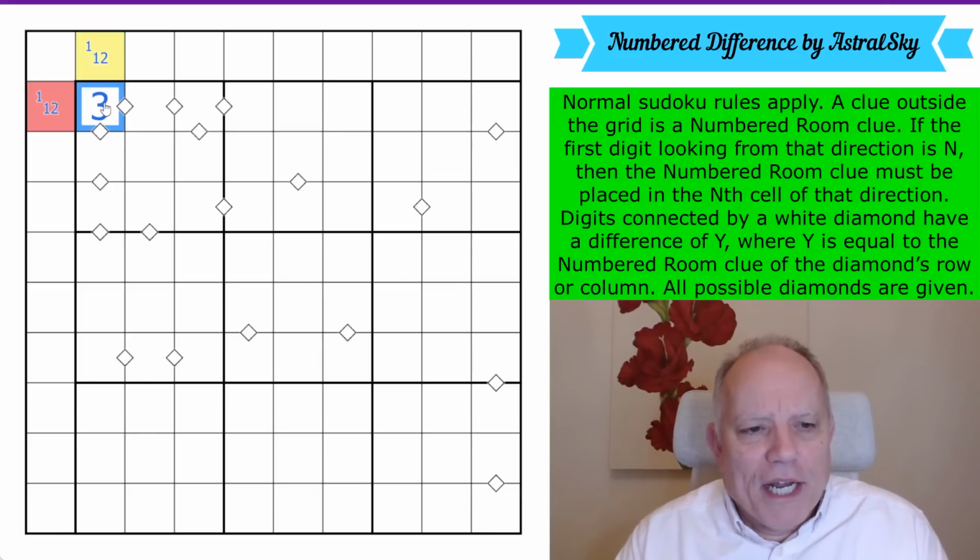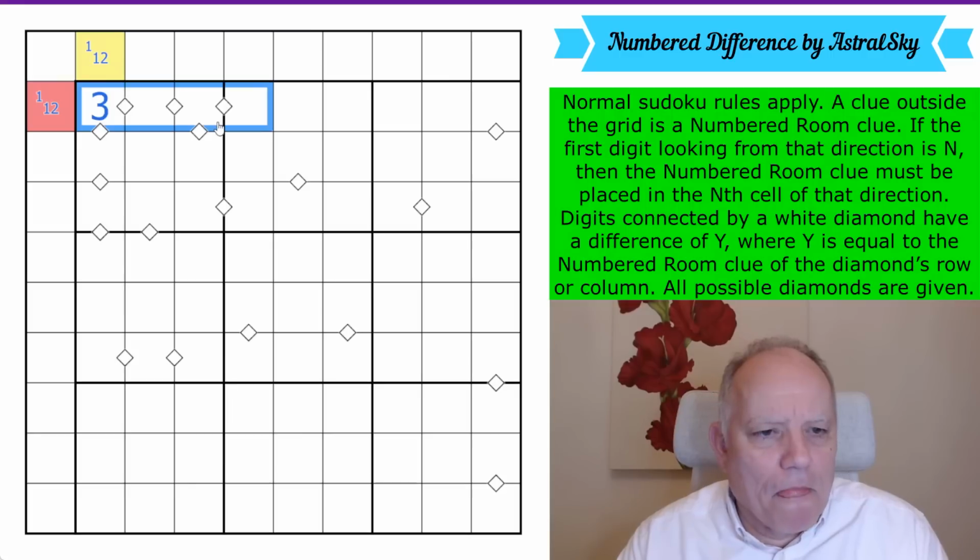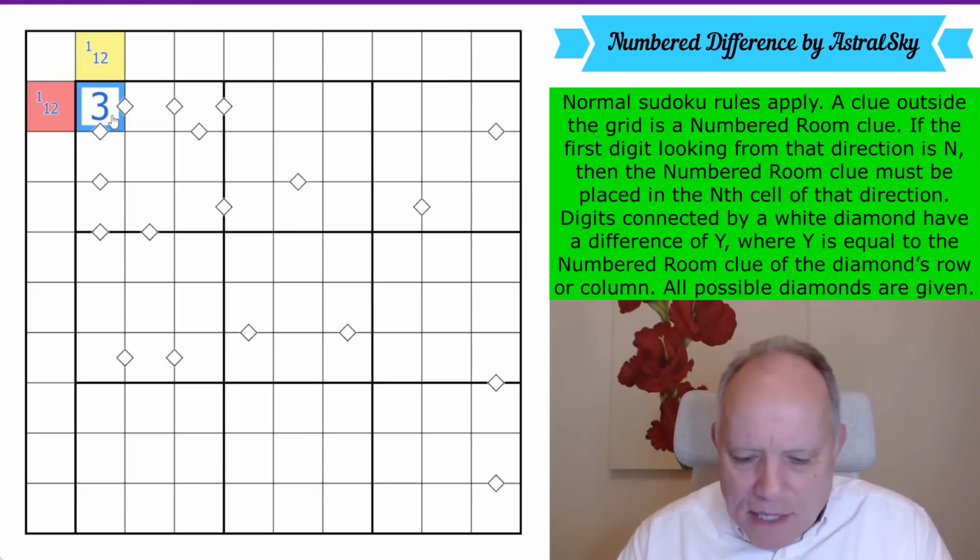So from the 3, at a 2 differential, you'd have to go 3, 5, 7, 9. But on the 1 scale, you would go 3, 4, 5, 6. Now that's partly because 3 is not middly enough to let us go the same.